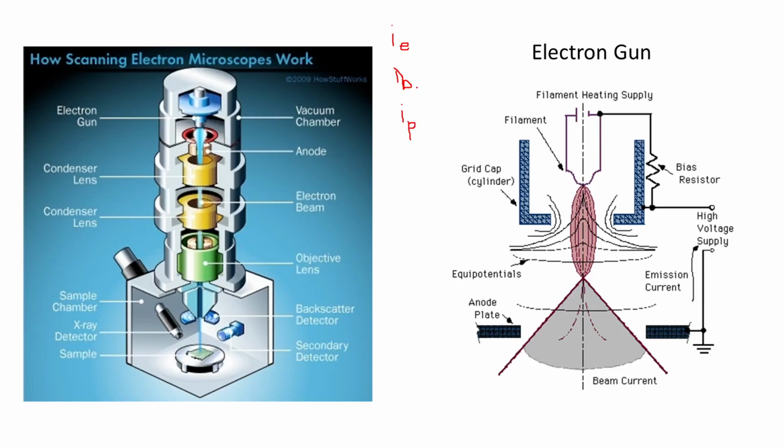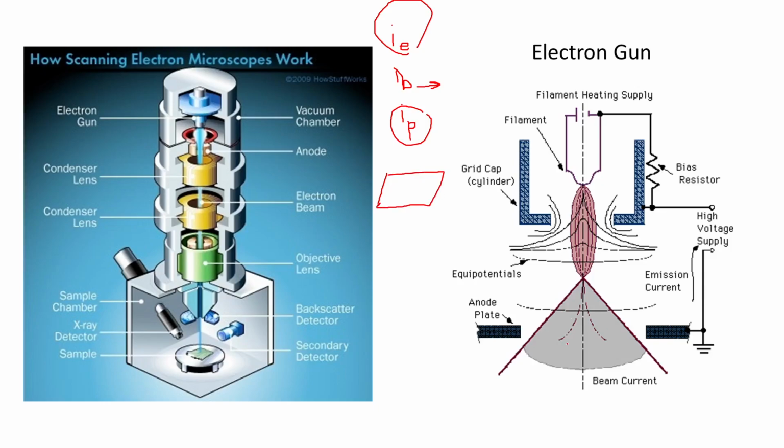So basically I_B is the beam current, which is the current carried by the electrons anywhere in this chamber, and I_E is the emission current, which is the current drawn from the filament by the system, and I_P is the probe current. The probe current is the current which will be experienced by the specimen.